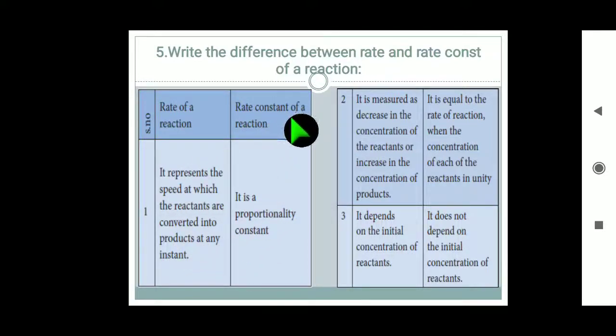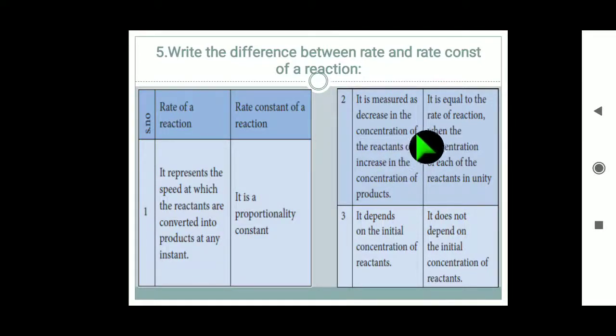But the rate constant is nothing but a proportionality constant. It is constant. Point number 2. The rate of reaction, we can measure by the decrease in the concentration of the reactant or the increase in the concentration of the product. When we get the product, the reactant concentration should decrease. So on the reactant side or the product side, on any side we can measure the rate of reaction.